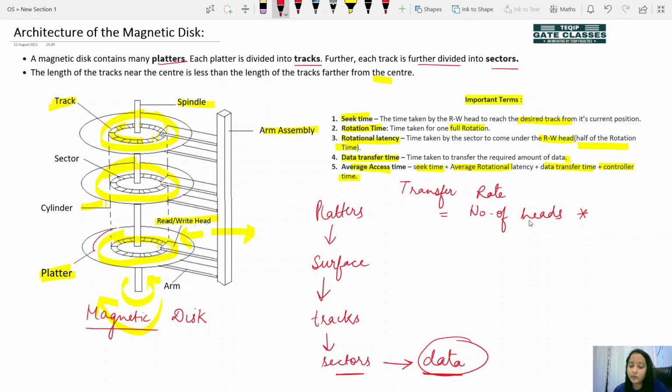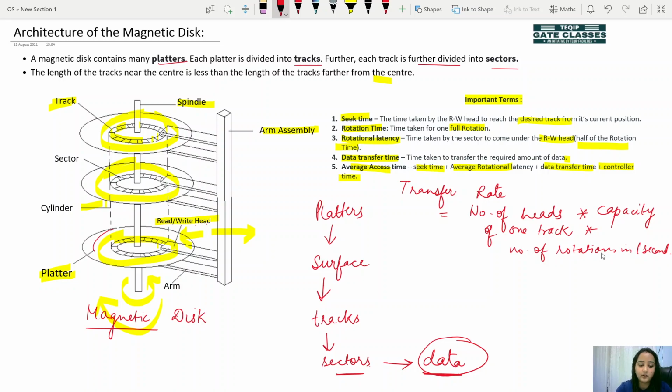So if surfaces are given, you take it as surfaces. If heads are given, take number of heads. Other things are covered.